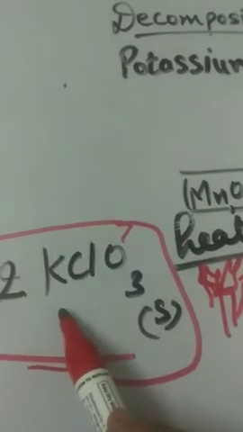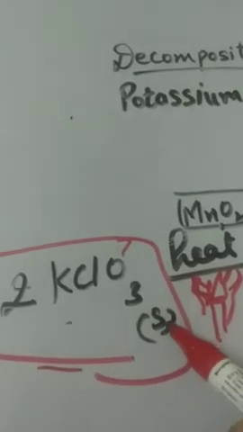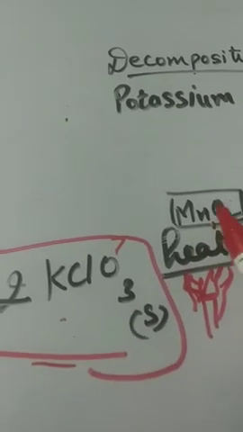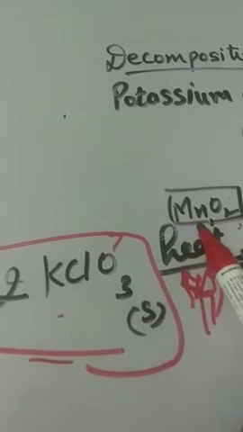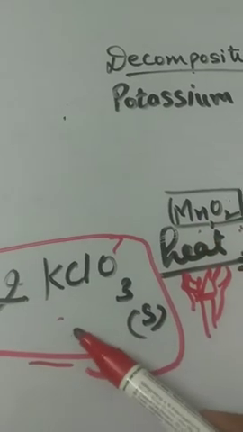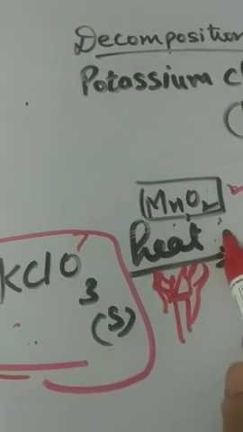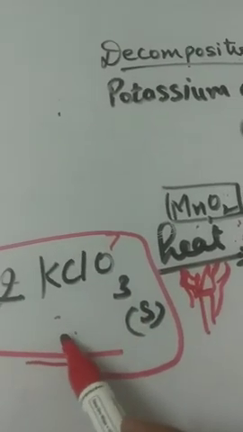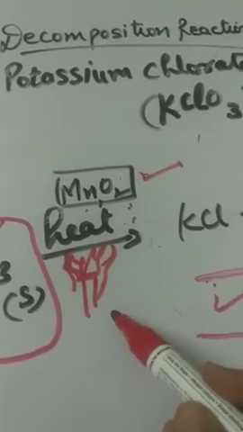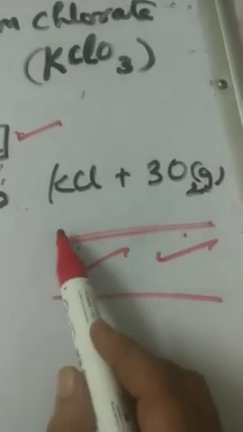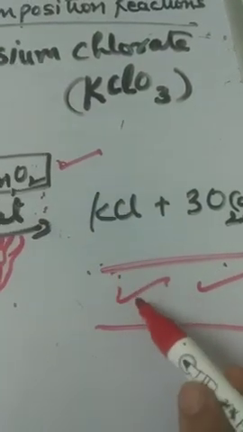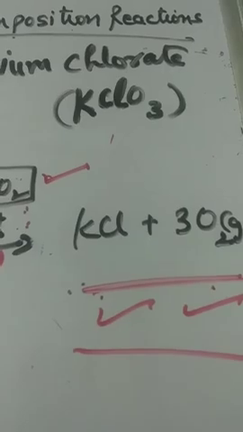Because when we add potassium chlorate inside the beaker or the test tube in the presence of this catalyst, it can cause explosion. To avoid this, we have to heat manganese dioxide, that catalyst, before this. Afterward, we will put potassium chlorate. Again, we will heat it. Then it decomposes into potassium chloride, and oxygen gas will form.